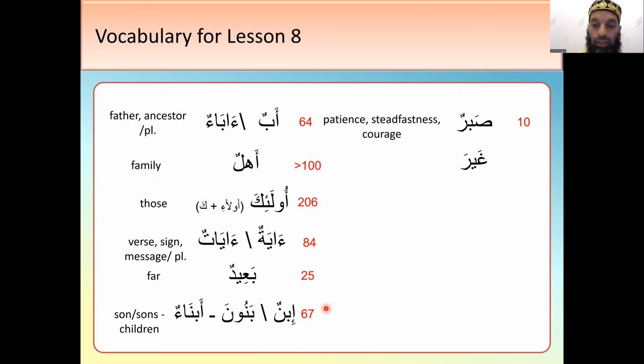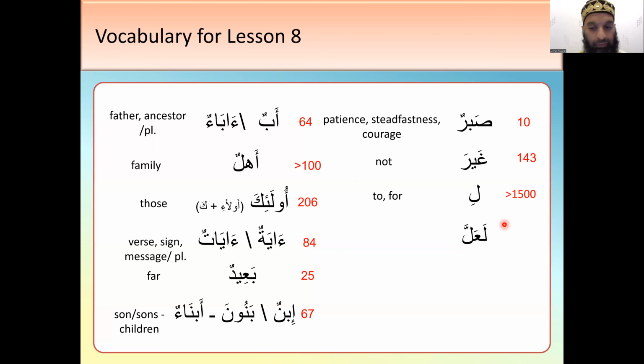Excellent. 10. غير means not. 43. Li, when it is attached onto a word like a noun, means for, to, belonging. Or 1,500 times. لعل.